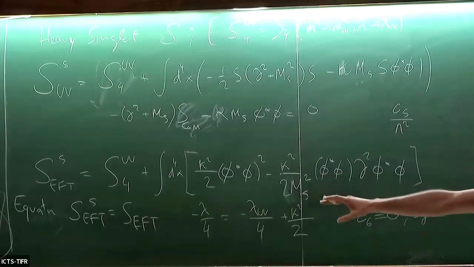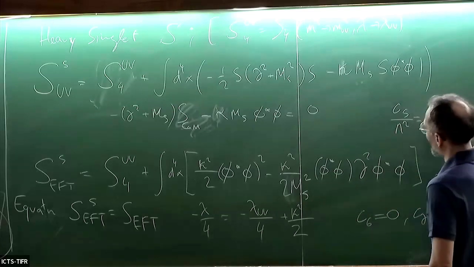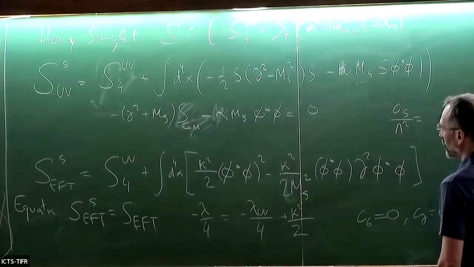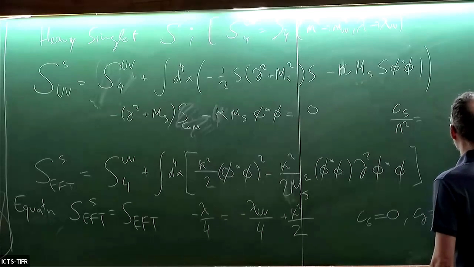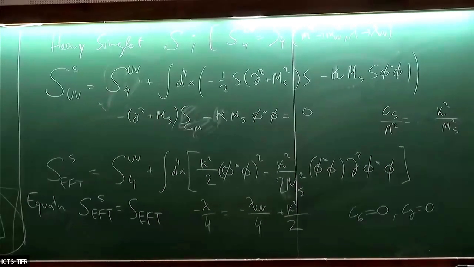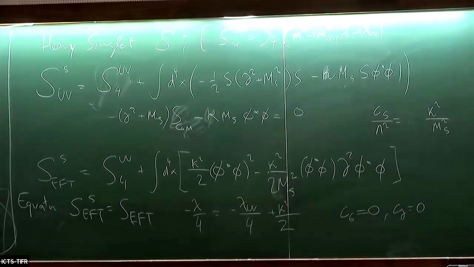Let's stare at this term, and this is an awakeness check. Kappa squared over ms squared with what factor up front? Minus a half, correct, very good. You are awake.